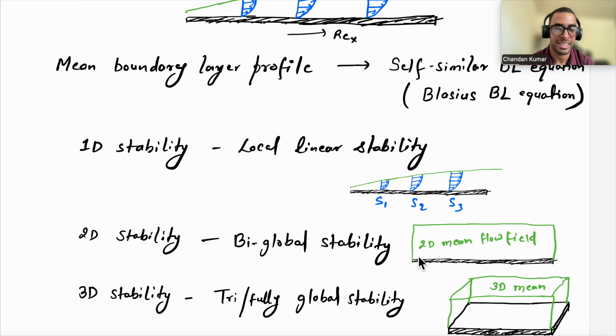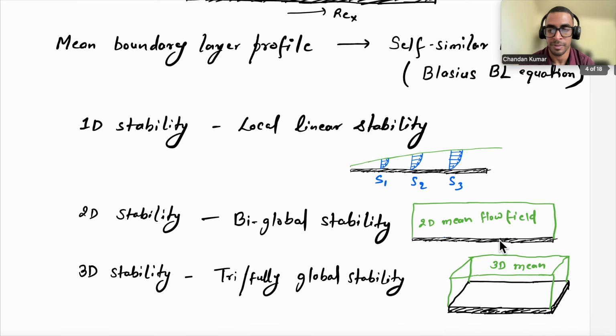In that, we feed the entire 2D mean flow, and for the 2D mean flow, we solve the eigenvalue problem. But since the 2D mean flow has several grid points, the eigenvalue problem is too expensive compared to the local linear stability, because it gives a huge eigenvalue problem, and that is expensive to solve.